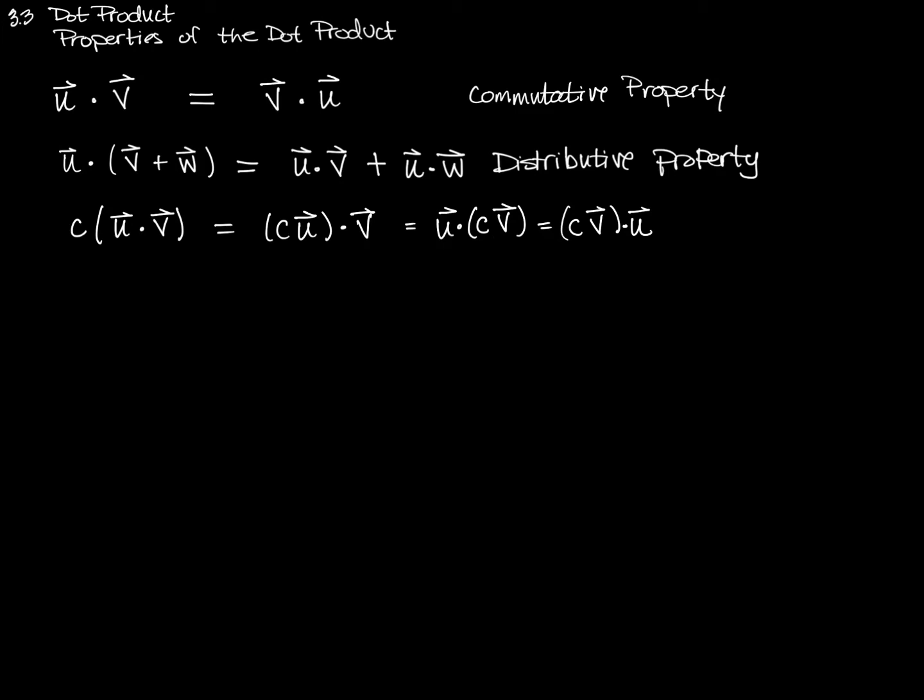If I call that vector w, for example, w is the vector I get when I scale v by c. Well, that's the same thing that's going on here. I'm scaling v by a factor of c, so I get w. And I can dot u with w, or I can dot w with u. And because of the commutative property of the dot product, I'll get the same result.